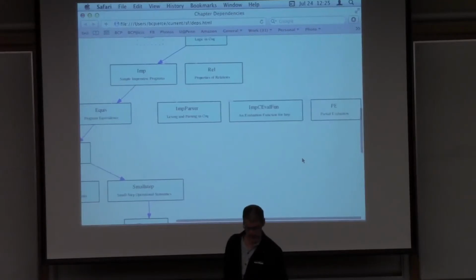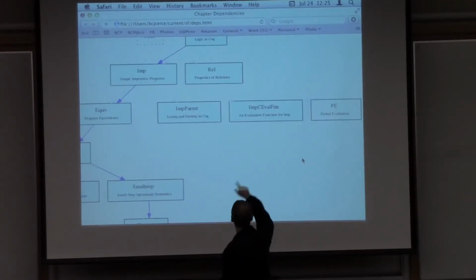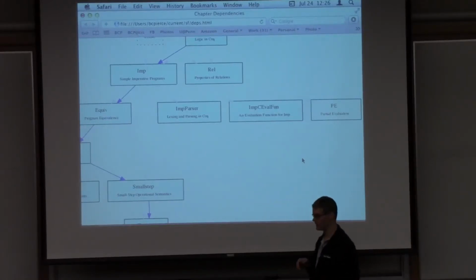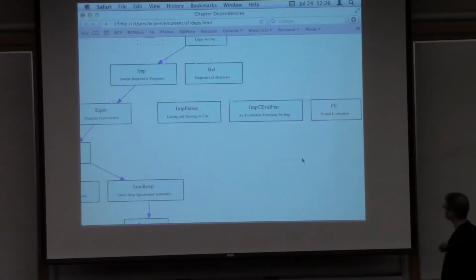And then this ImpCEvalFun shows you some of these tricks, like the trick with a fixed point for evaluation for IMP using this extra fuel parameter. And then PE is a little chapter on partial evaluation.